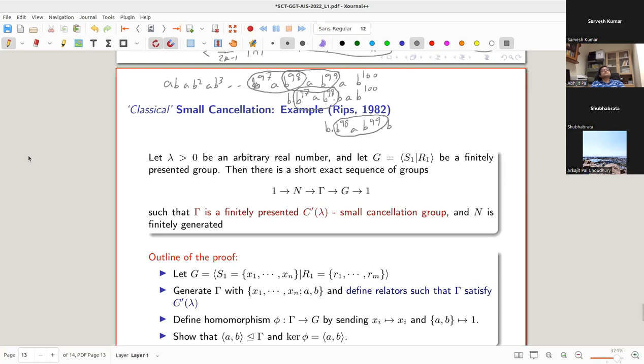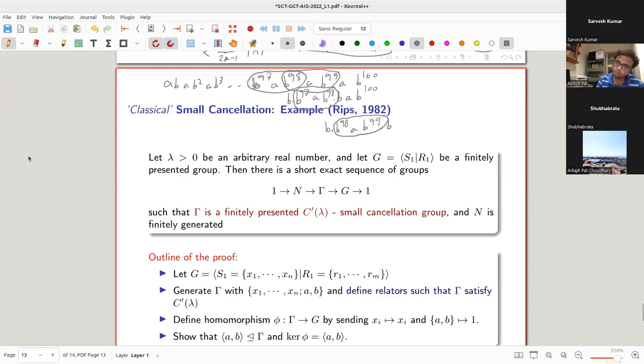And so if lambda is anything less than 1/6, which it can be because lambda is arbitrary, say 1/10, then modulo the result that I just stated, a C prime 1/10 group will also be Gromov hyperbolic.